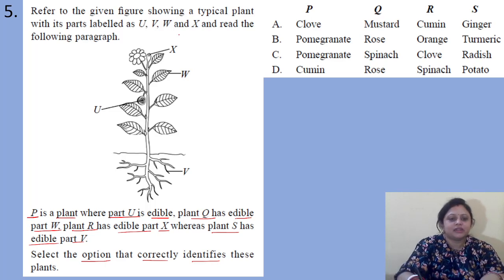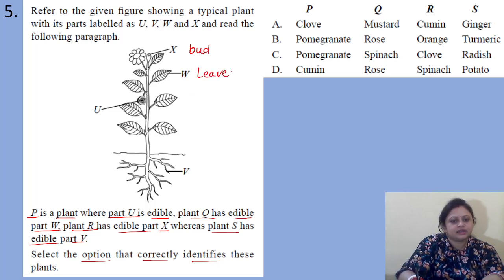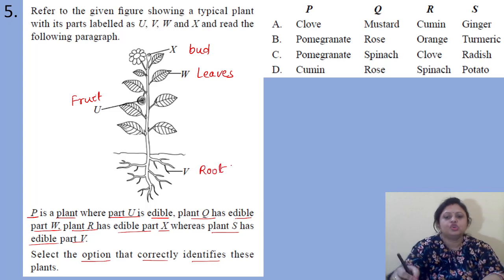Okay, so let us find out the parts first. X represents the bud, right? W represents leaves. U is the fruit. V is the root. So here the correct answer is option C. How? Let us check. In the pomegranate plant, we are eating the seed. P is a plant where U is edible.